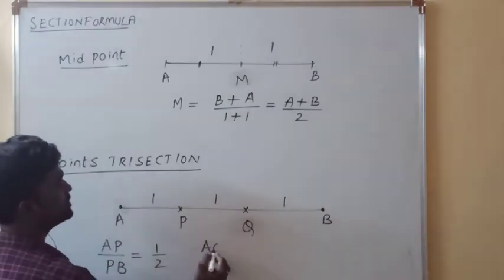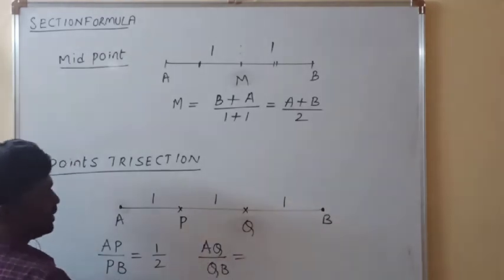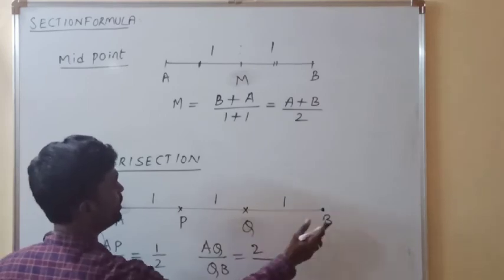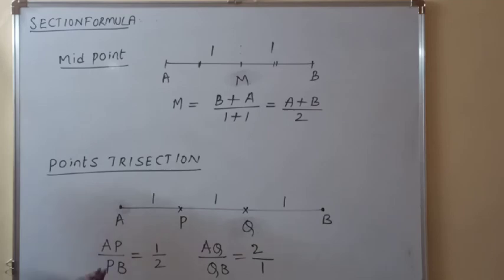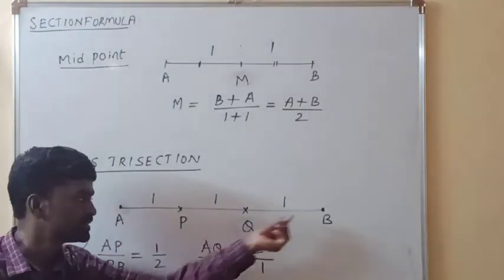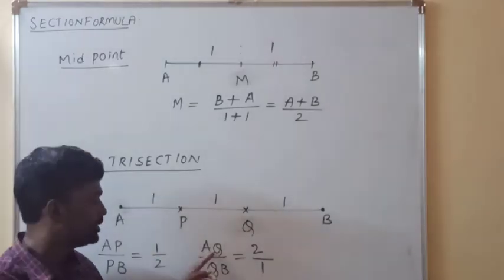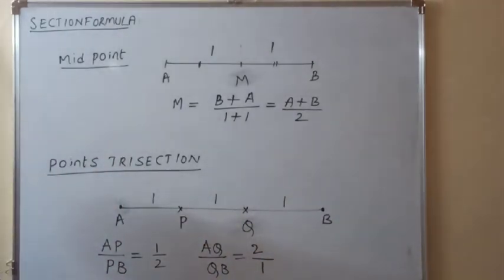Similarly, what is AQ by QB? AQ is 1 plus 1, 2 units, divided by QB, 1 unit. That means the point P divides the segment AB in the ratio 1:2 internally, and the point Q divides the segment AB in the ratio 2:1 internally.